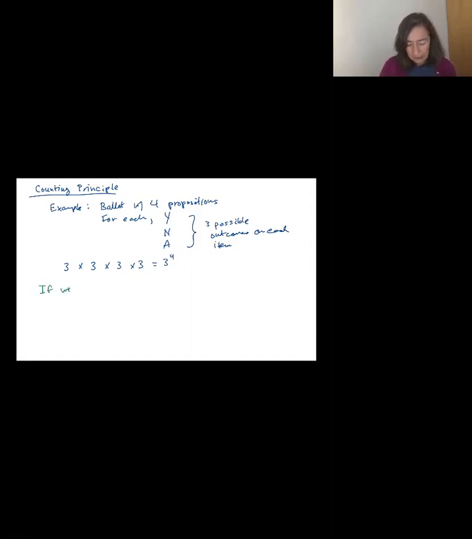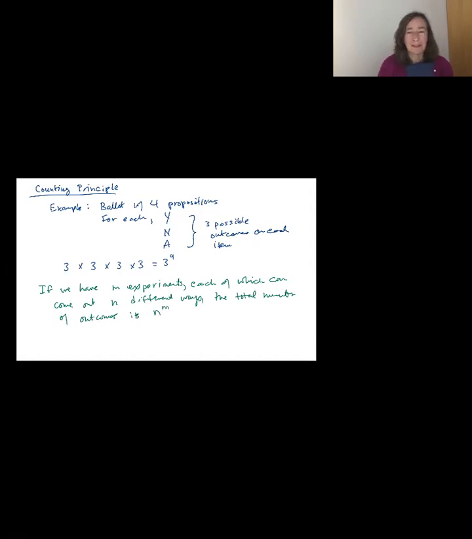If we have m experiments, each of which can come out in n different ways, the total number of outcomes is n to the mth power.